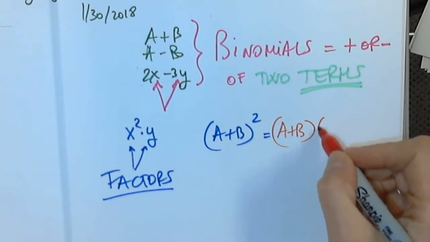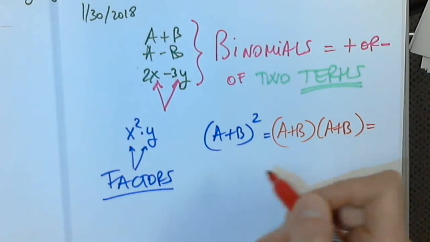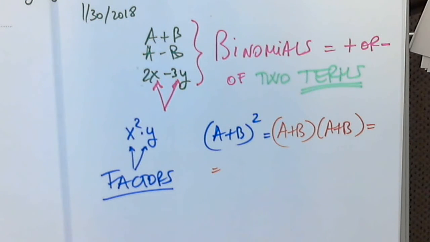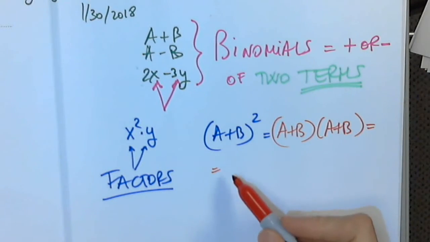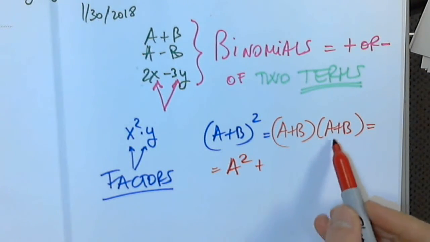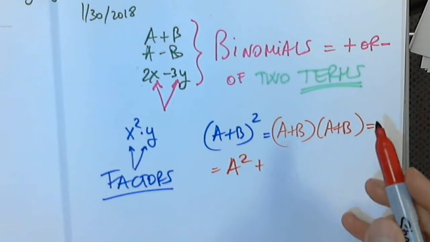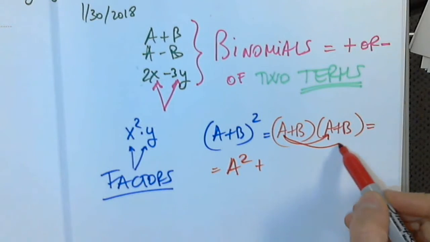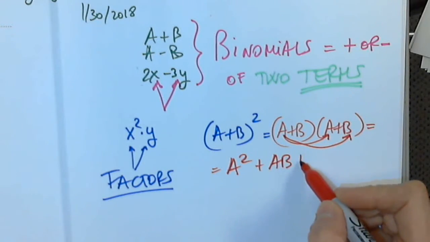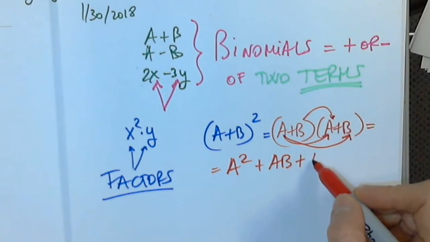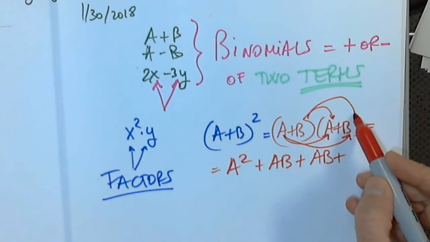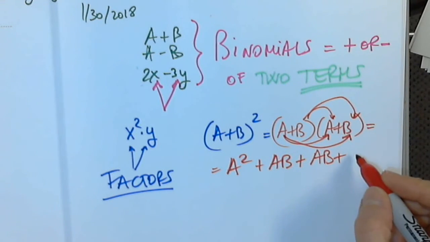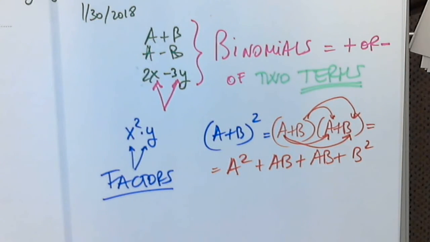Okay, so let's FOIL it right now. A plus b times a plus b. And when I FOIL, when I multiply 2 binomials, how do I do this? Well, a times a is a squared, then a times b, good, plus b times a, and times b plus b times b. Good. What do you notice?